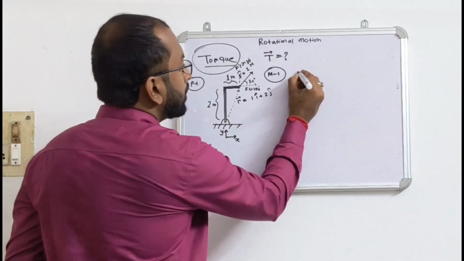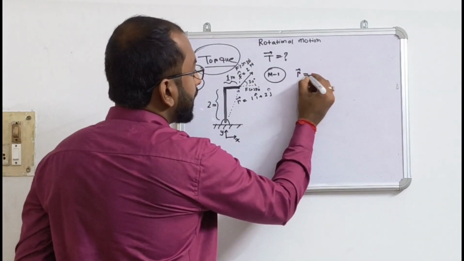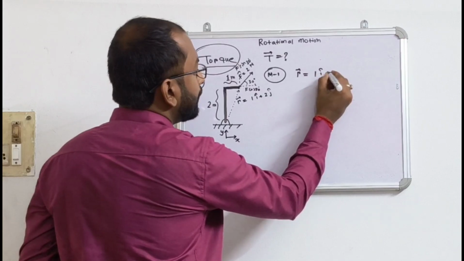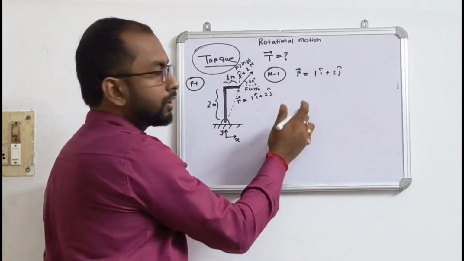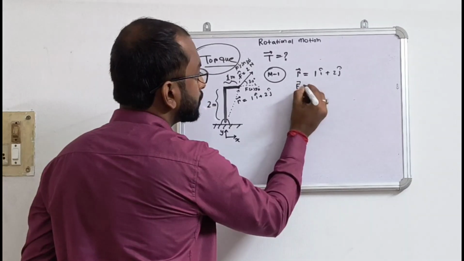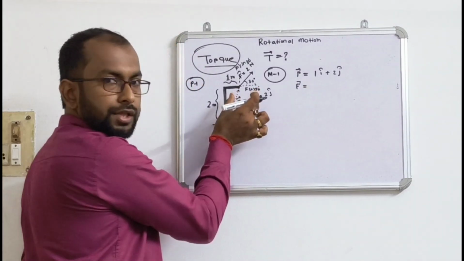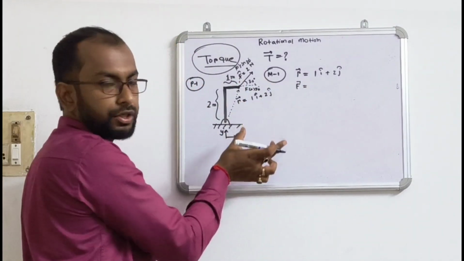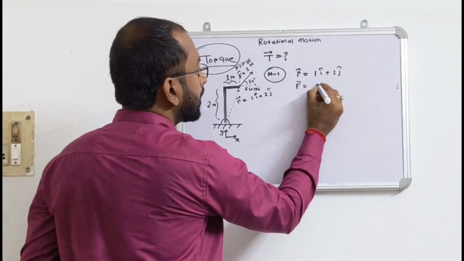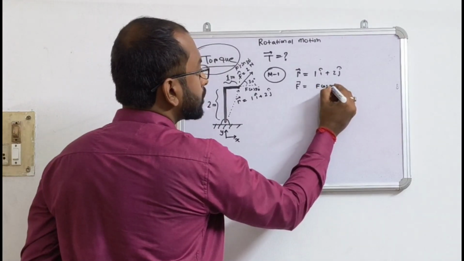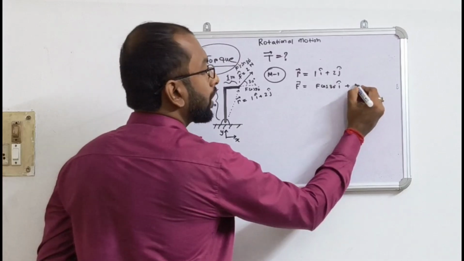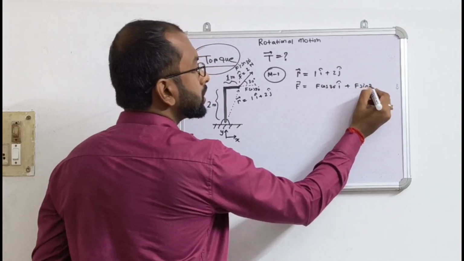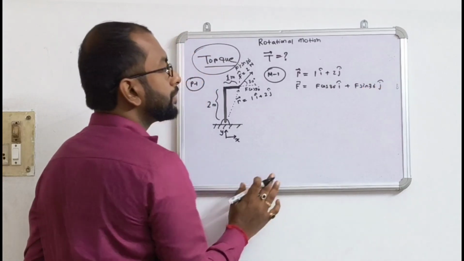So if we write F also in vector form, just as we have written the distance vector, F vector is F cos 30 i cap plus F sin 30 j cap.